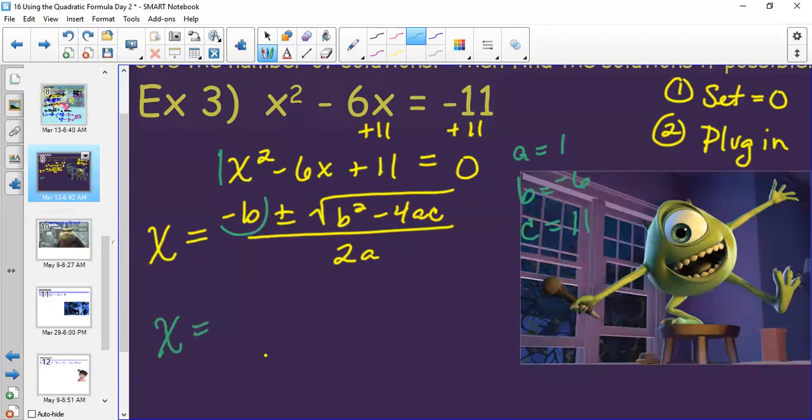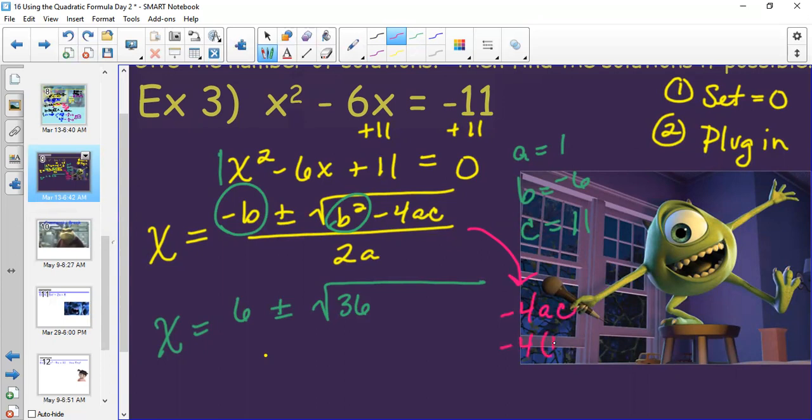So for negative b, I'm going to put in positive 6. For b squared, negative 6 times negative 6 is 36. And then here's where I'm going to do some work out to the side for negative 4ac. We have negative 4 times a, which is 1, times c, which is 11.